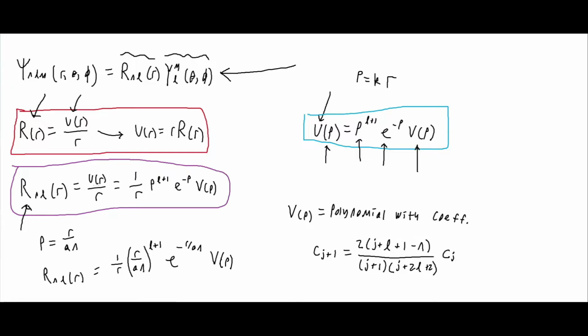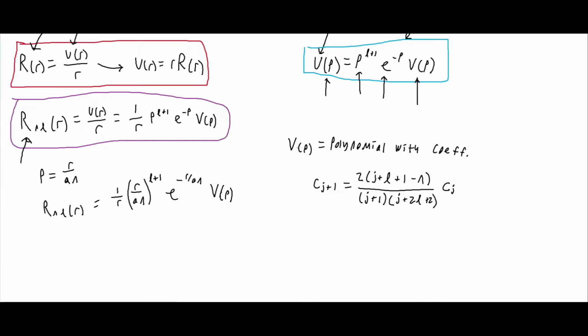That's equal to u of r over r, which, if we substitute in for u, is 1 over r times rho to the L plus 1, times e to the minus rho, times our v as a function of rho. Remember, v as a function of rho is a polynomial, which, as we'll see, will be the Laguerre polynomials, and the coefficients of that polynomial are found by this recursion formula here.